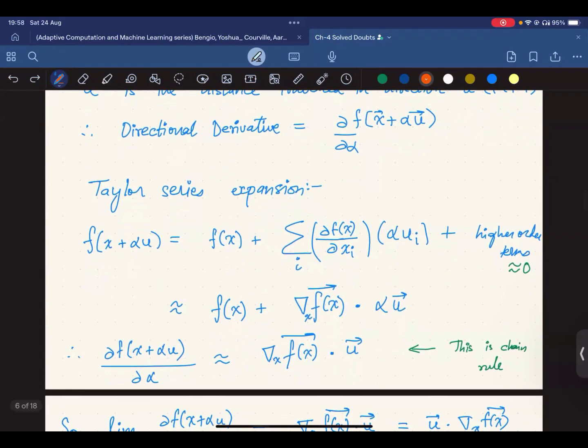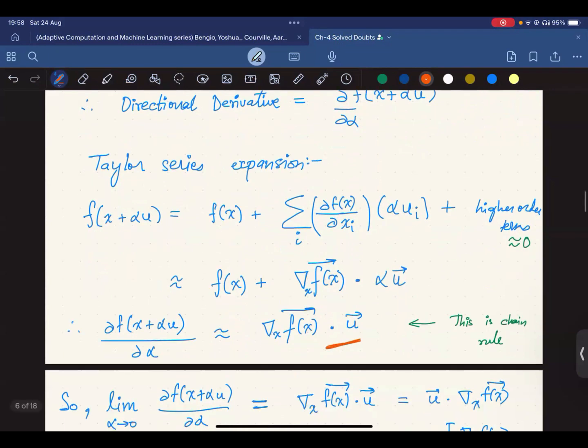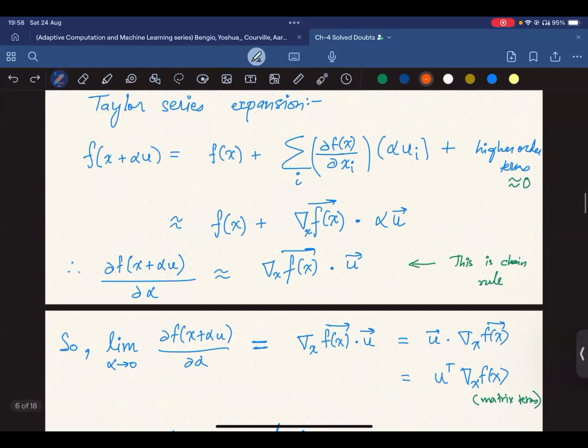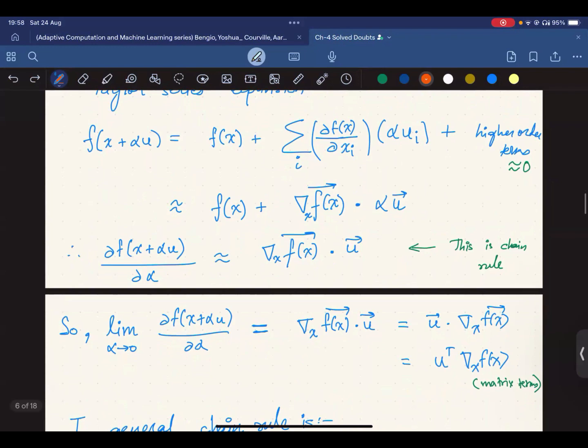And if we differentiate this quantity with respect to alpha, then since the gradient of f of x and u are independent of alpha, we get this value. When alpha is very near to zero, the higher order terms will be very close to zero, and ultimately the limit will be zero. So it will be exactly equal to this one.